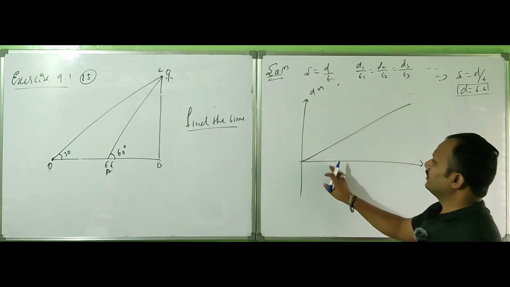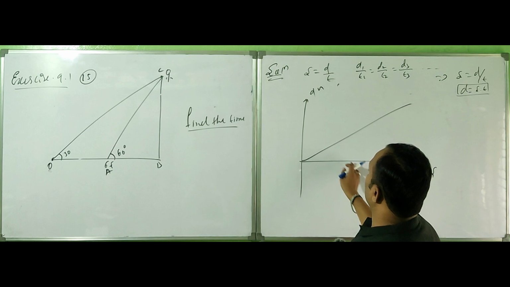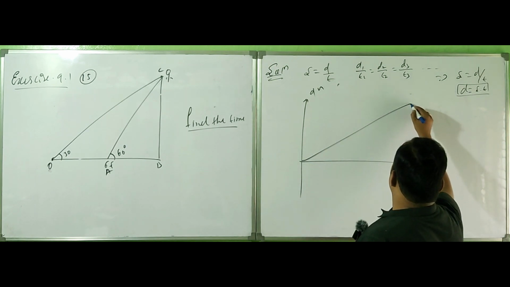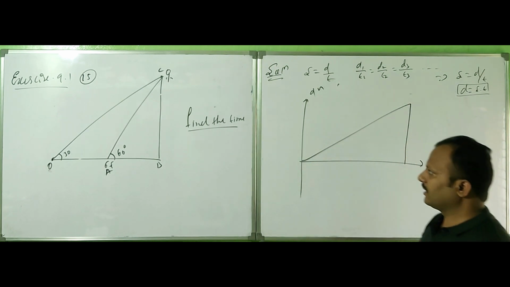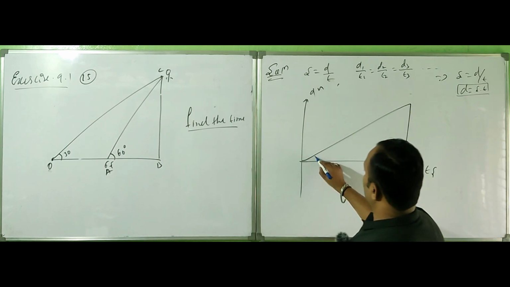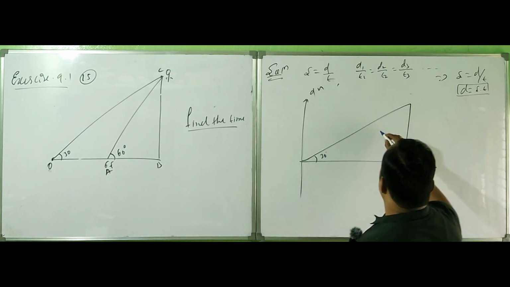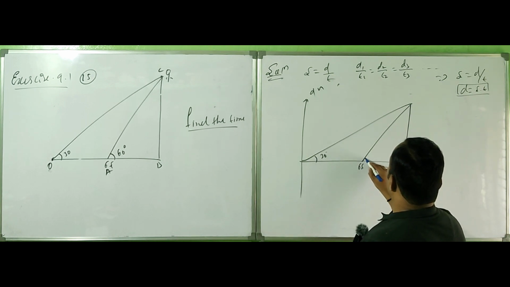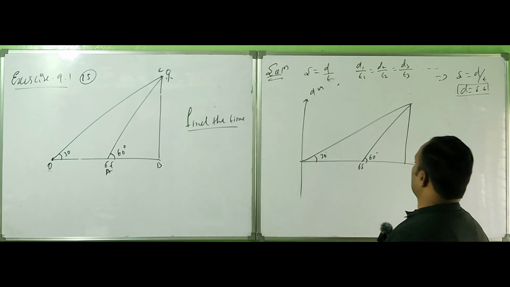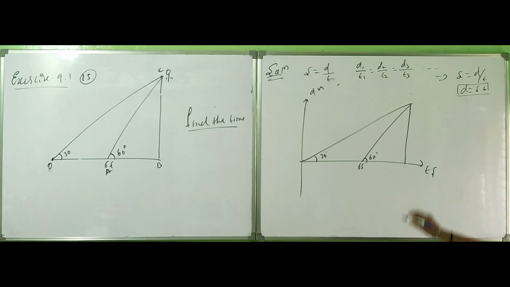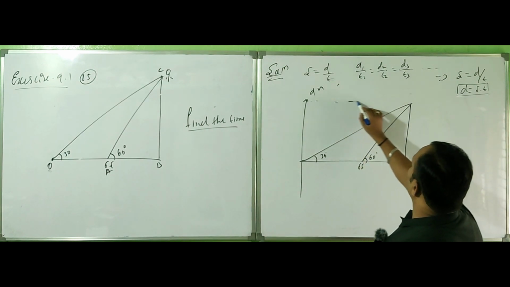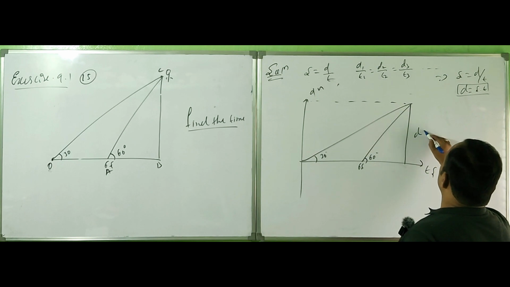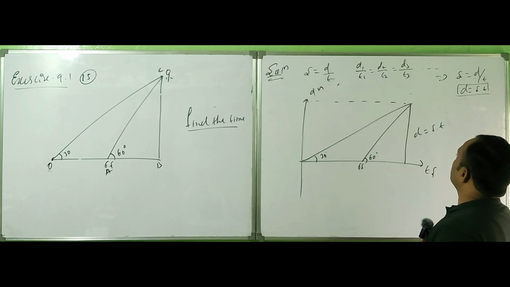For t1 and t2, I am making the same tower here. This is 30 degrees, and at t equal to 6 seconds, this makes 60 degrees. This is d, and d is equal to S into t.